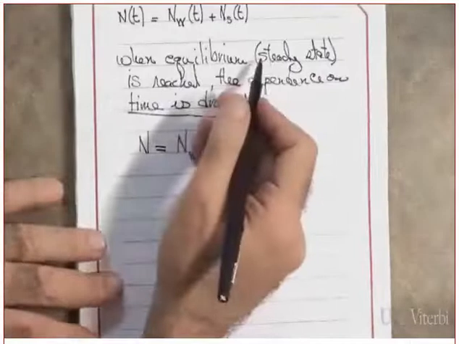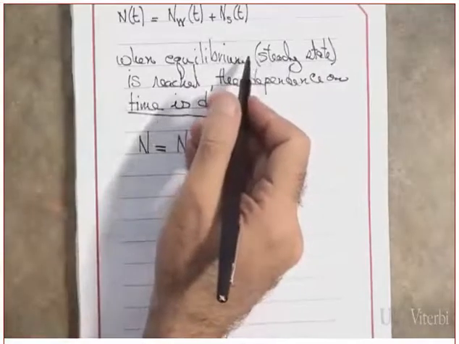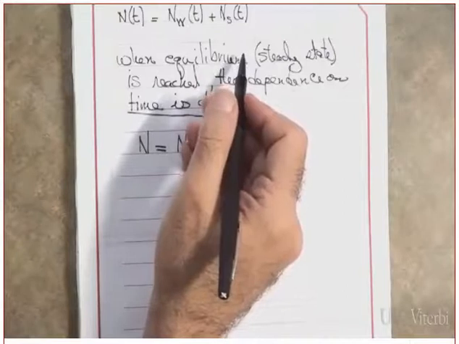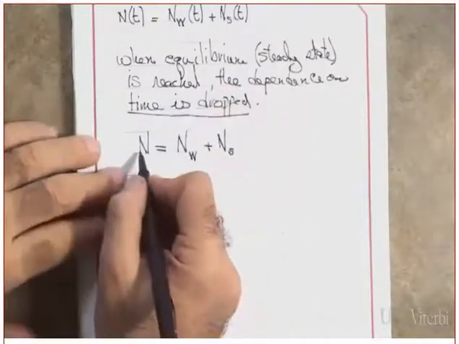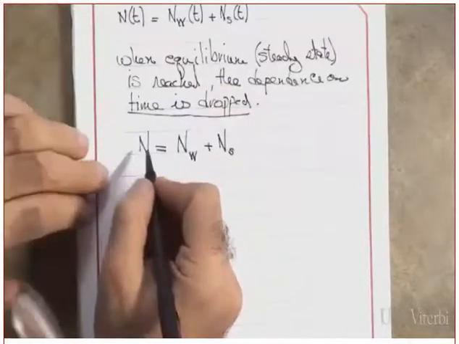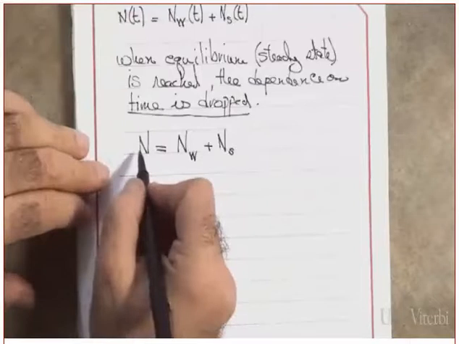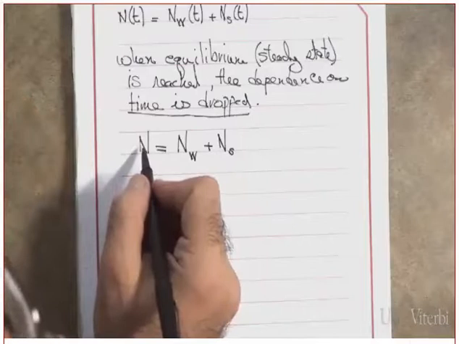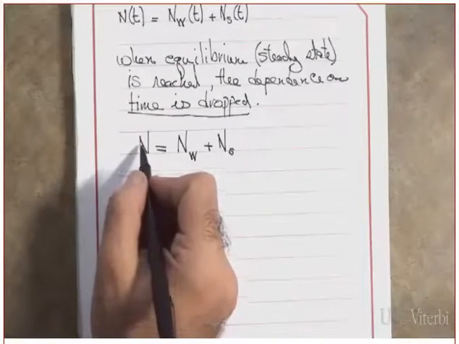When equilibrium or the steady state has been reached, it means I don't care at what time I'm looking at the queue. What is N? N is the number of packets in the system, both waiting and being served. You notice I did not say at time t, at any time. I don't care.